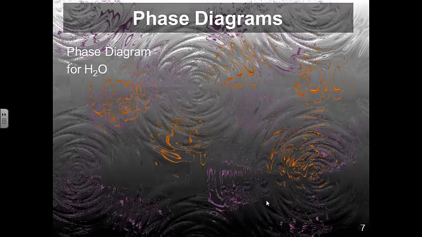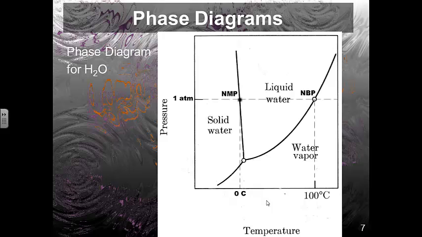Next, let's look at the phase diagram for one specific substance, and let's use water. The phase diagram for water has a couple of interesting things we could point out. The first being the slope of the solid-liquid line. If you were in math class, you might describe this as a negative slope, almost like it's tilted backwards.